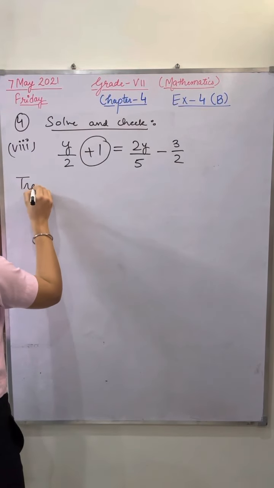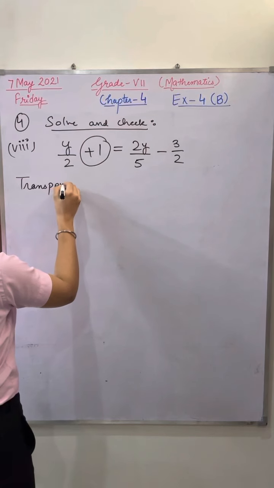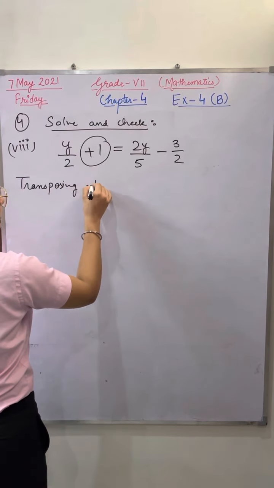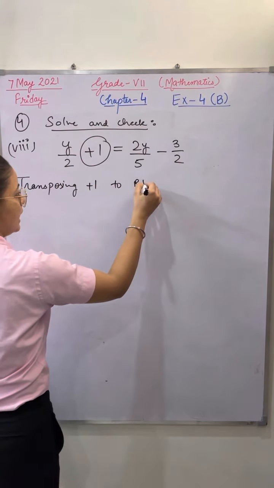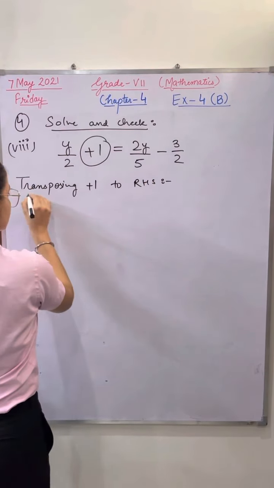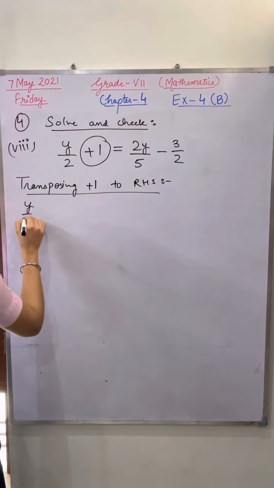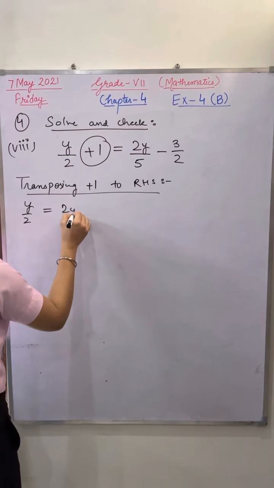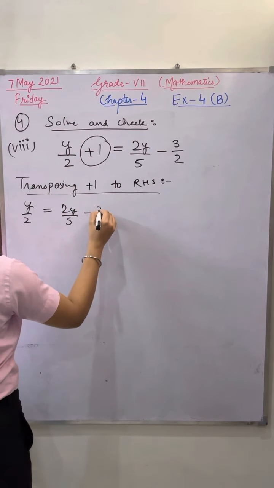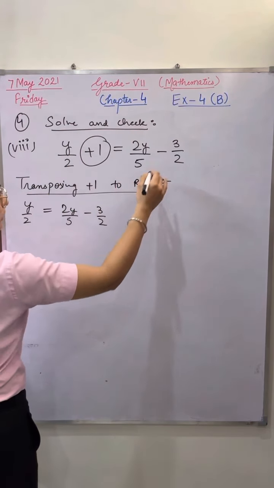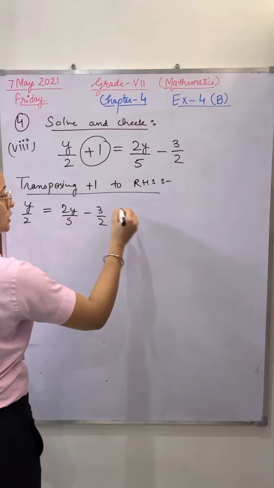So how can I shift? I'll write here transposing +1 to right hand side. So y divided by 2 is equals to 2y divided by 5 minus 3 by 2, and this 1 will go that side. It will become minus 1.